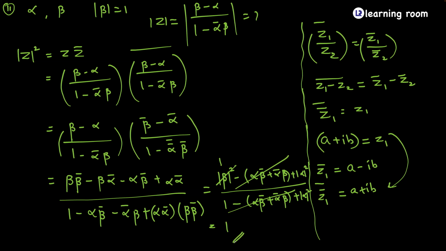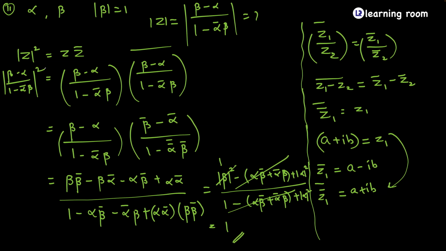You will be left with 1. This is mod of beta minus alpha by 1 minus alpha conjugate beta, the whole square. That is where we started, right? This comes out to be 1. So what is going to be the mod of that? 1 only. That's the answer.